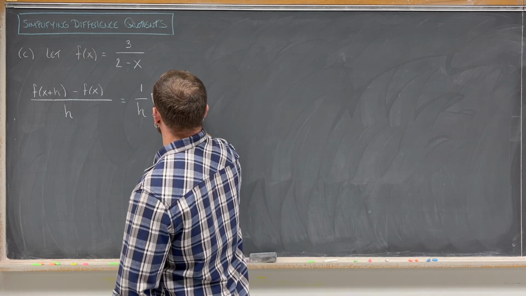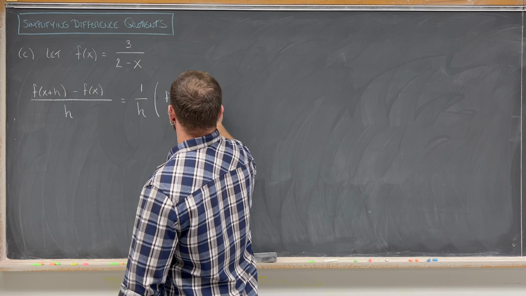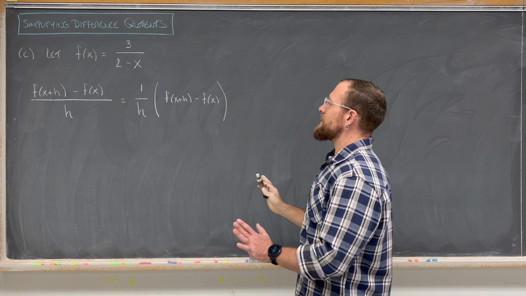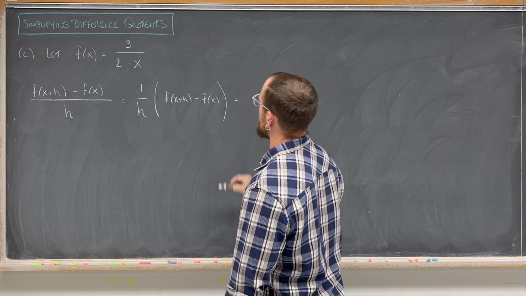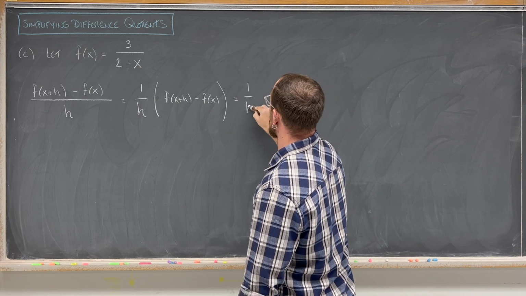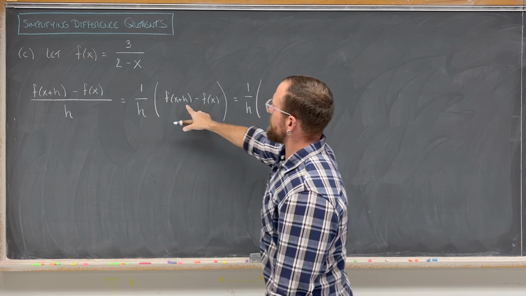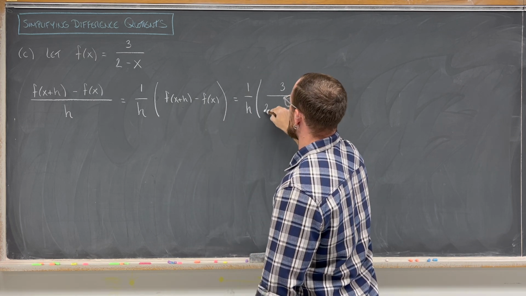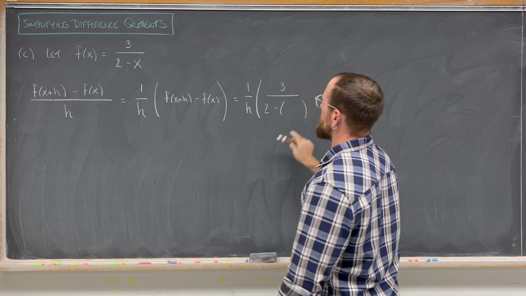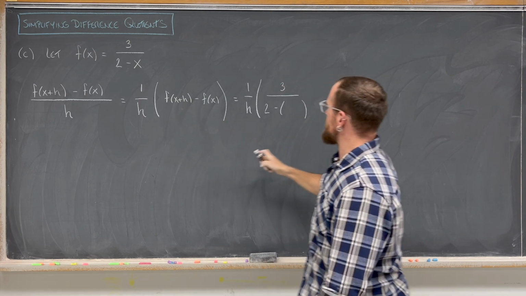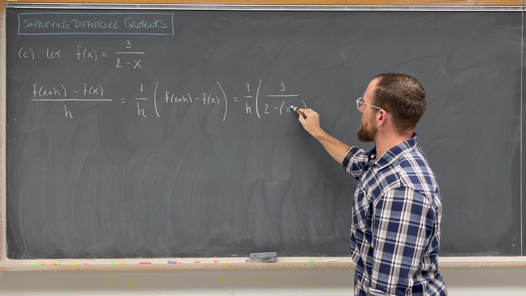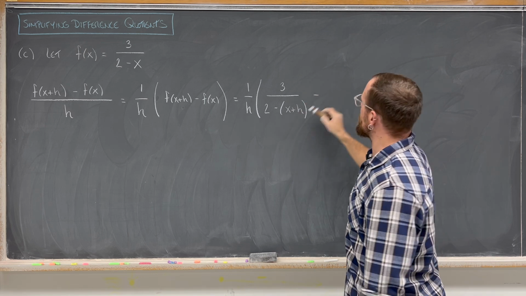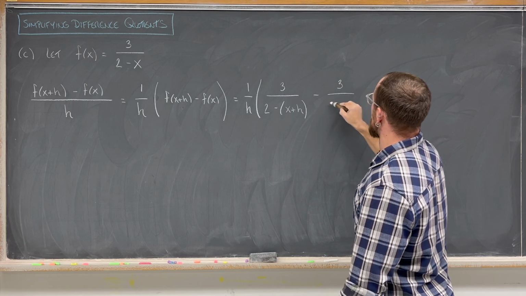That's just how I like to write this. So that's 1 over h times f of x plus h. That's going to be 3 divided by 2 minus the input. Here the input is x plus h. So inside this parentheses goes x plus h. And I subtract f of x, which is 3 over 2 minus x.